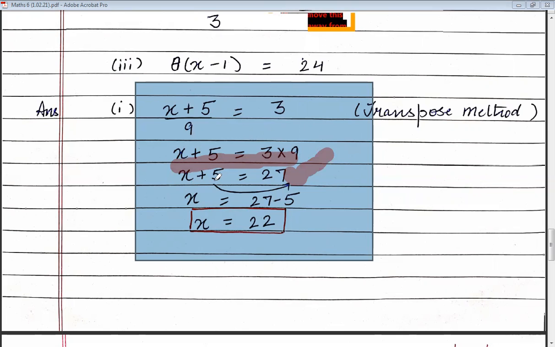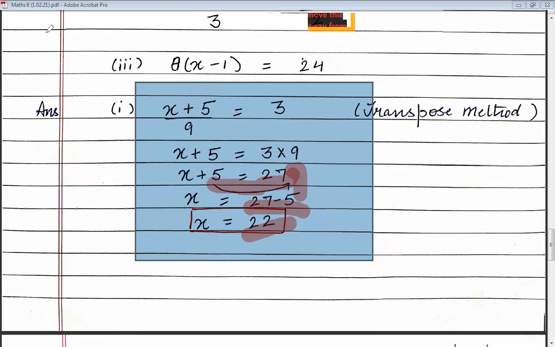Now children, you will send plus 5 to the right hand side. So when plus 5 goes that side, its sign is going to change. So plus 5 will become minus 5. So it is 27 minus 5, which will give you 22. So your final answer is 22.